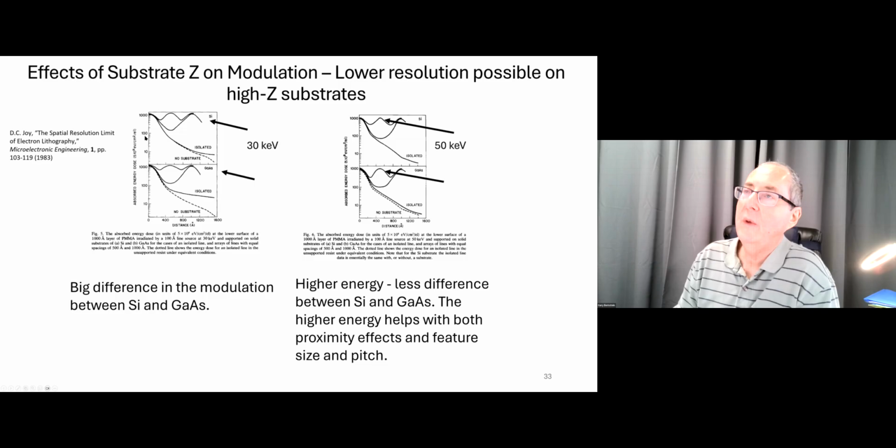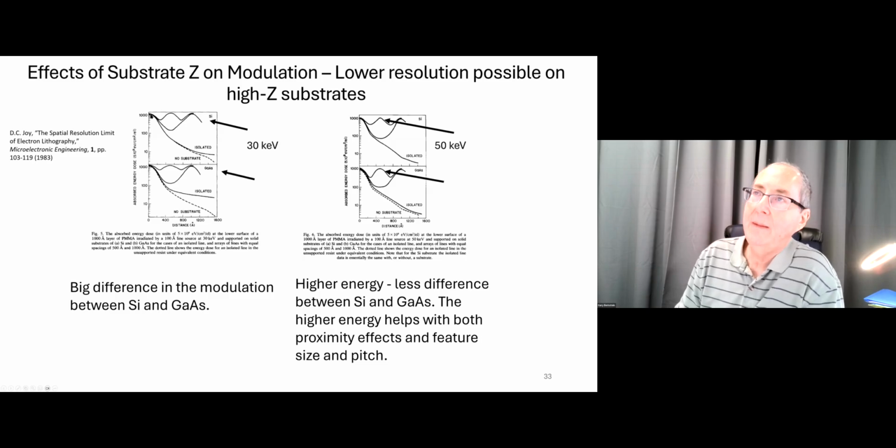It's really worth reading. And if you have an isolated line, well, you are free to develop this as best you possibly can and make one narrow line. But if you have a bunch of lines together, you're going to get exposure between the lines. So an isolated line, this is related to the proximity effect of two lines, this line and this line next to each other.